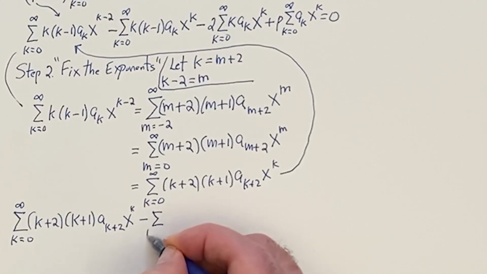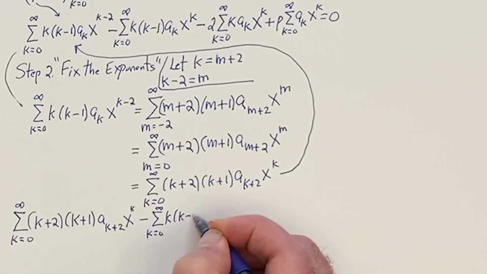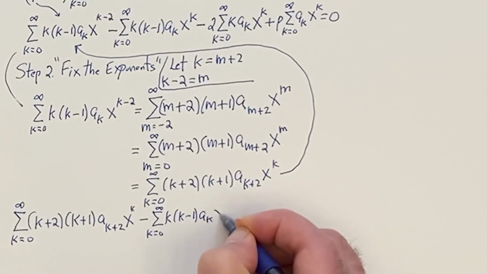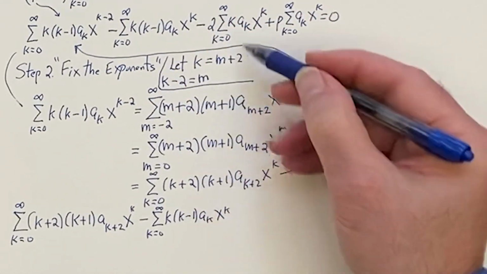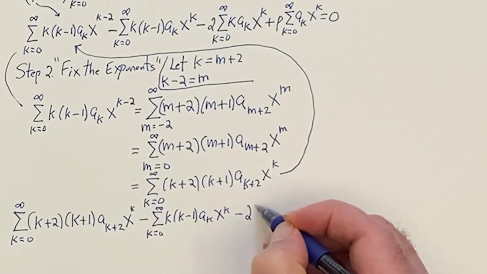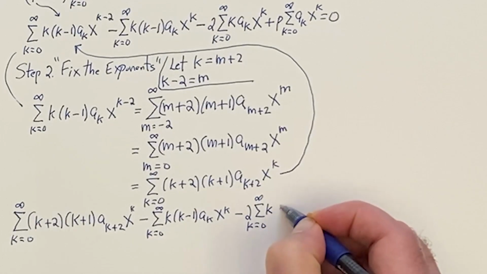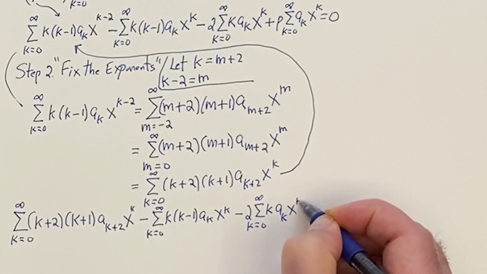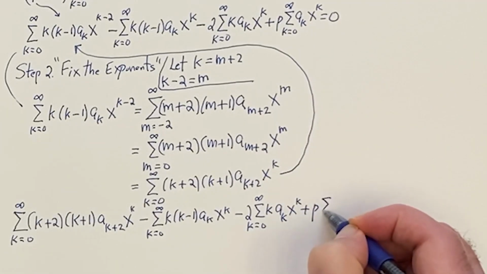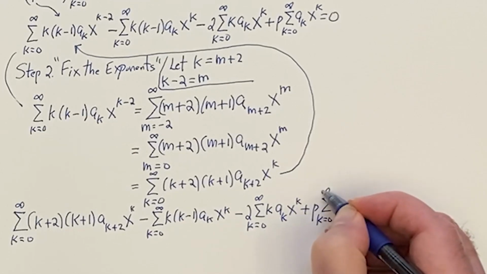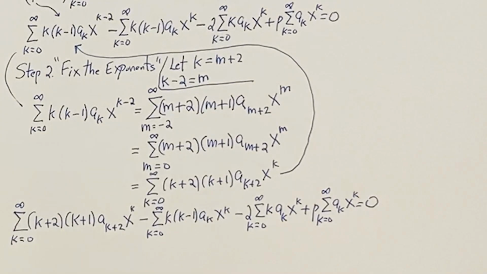Minus the sum from k equals 0 to infinity, k minus 1, a sub k, x to the k. That is this one here. Then we copy this one. Minus 2, the sum from k equals 0 to infinity, k, a sub k, x to the k. And then the last one, plus p, the sum from 0 to infinity, a sub k, x to the k, equal to 0.